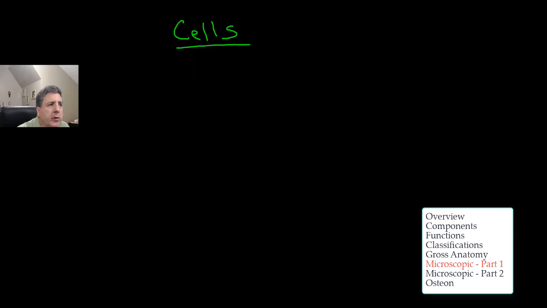The cells within your skeletal system all originate from a connective tissue. Let me just put this one in a different color so it definitely is not associated with it. The different bone cells originate from an embryonic connective tissue called mesenchyme.